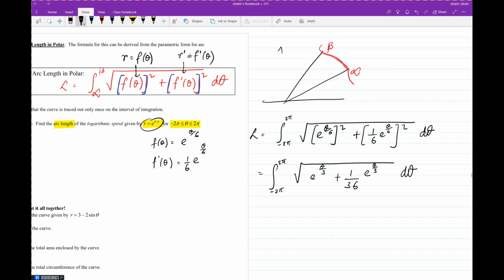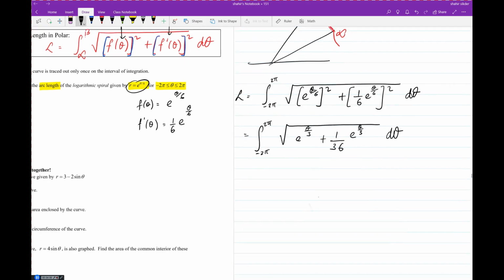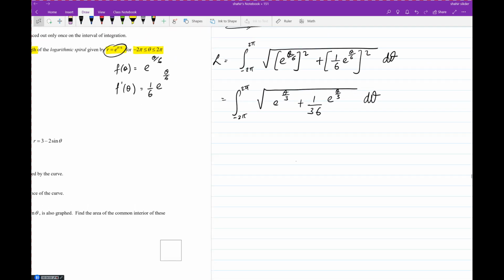Right here it does not look like it's integrable, but our principle is always: do not get intimidated by the problem. You always want to clean it up by doing algebra. U substitution doesn't work here, but e to the theta over 6 and e to the theta over 6 have the same arguments, so they are like terms. But in order to add like terms, I need the same denominator. Imagine a 1 underneath, so I multiply by 36 over 36, which gives 36 plus 1, or 37.